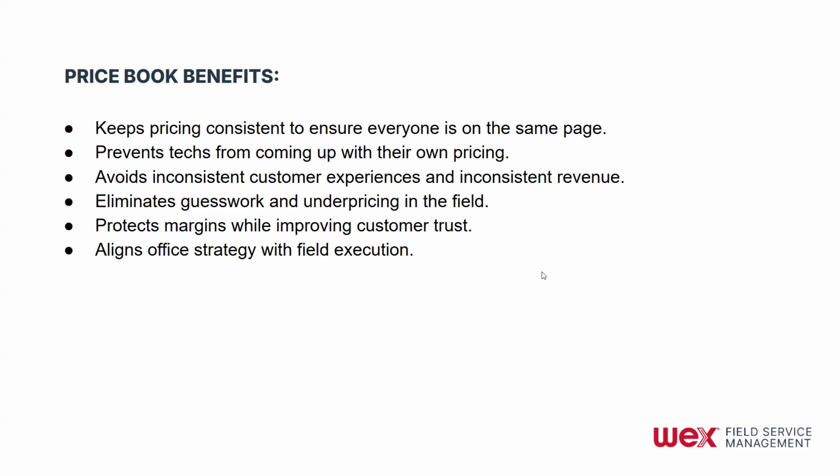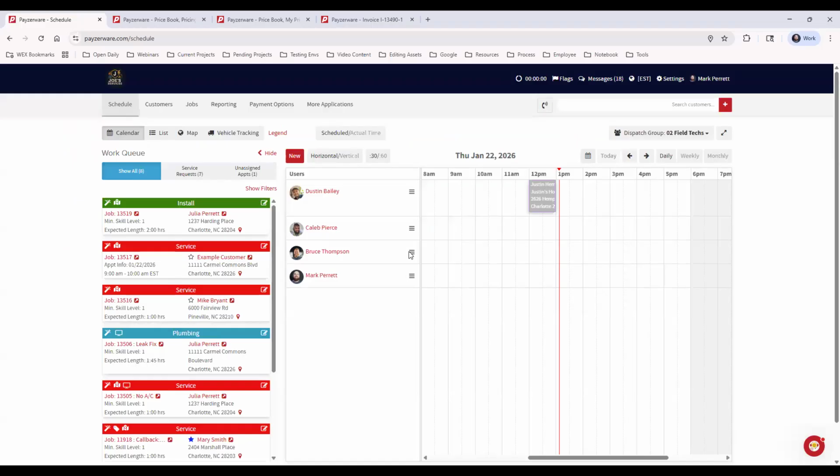Let's go ahead and dive into WEX FSM and take a look at pricing defaults to start. To do this, we will go to More Applications, Price Book, Pricing Defaults.